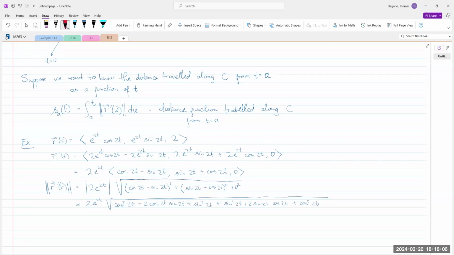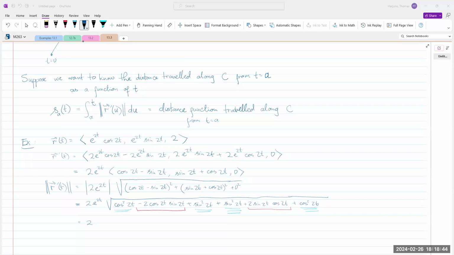Notice that this term cancels with this one, right? And this plus this is 1. This plus this also 1. So it actually simplifies to 2. Give me a second. So this becomes 2 square root of 2 e to the 2t.